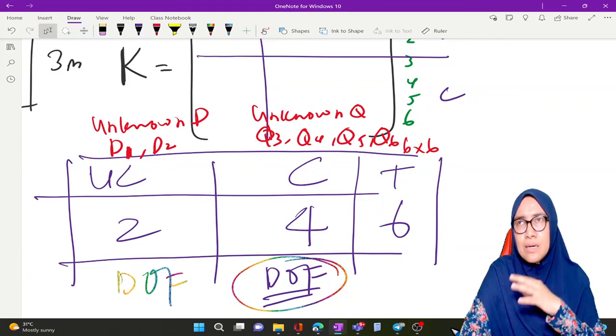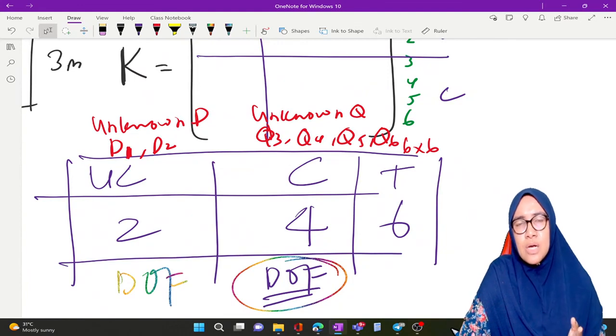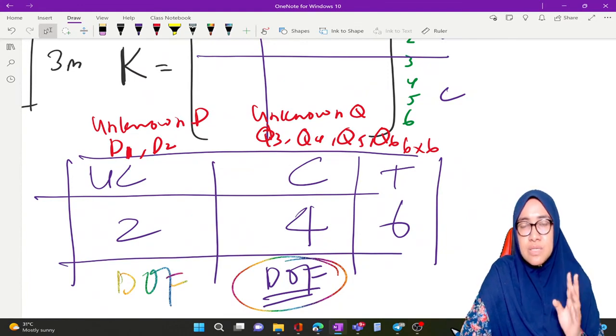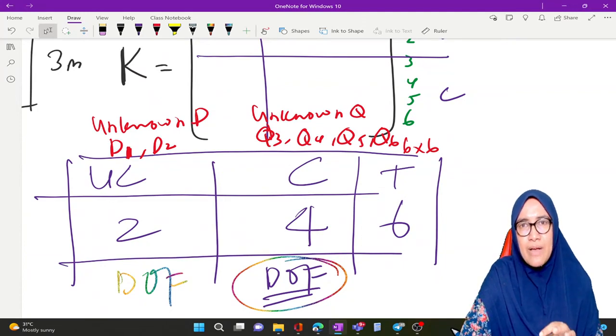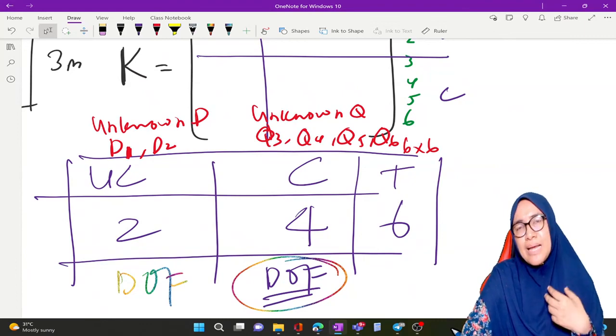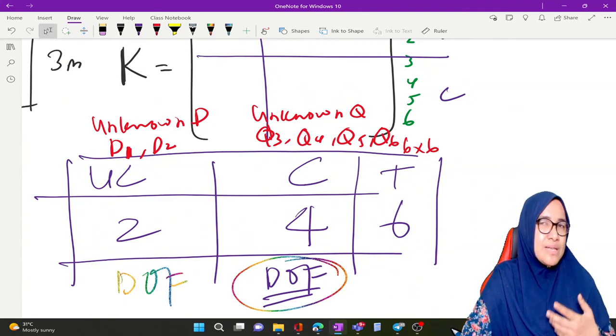So I will continue this in another video. Make sure you watch the video in order to understand all this, because whenever we start doing examples, you will understand more about the analysis of truss using the stiffness method.